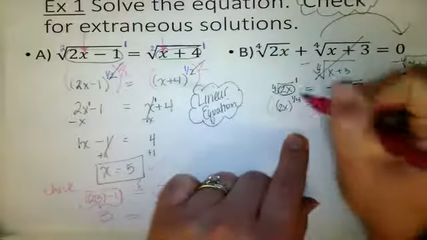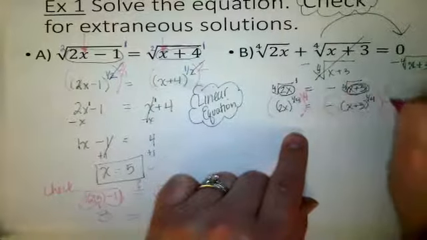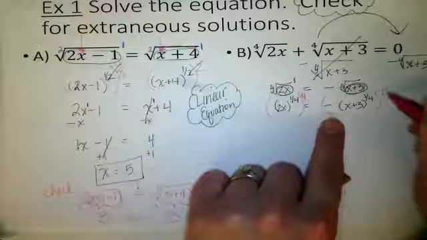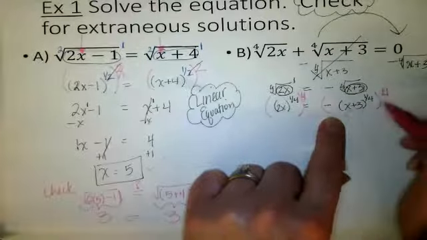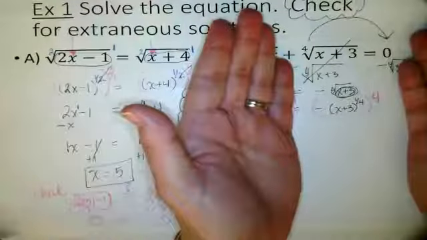Fourth power, yeah, reciprocal power. We're going to do 4 over 1 or just 4. We're going to take the fourth power on the left-hand side, and you'll notice the fourth power on the right-hand side, and I am also including that negative. We are taking a fourth power of the entire right side of the equation.